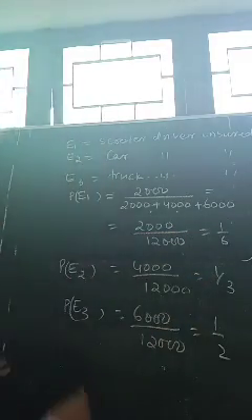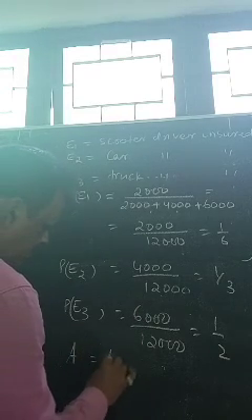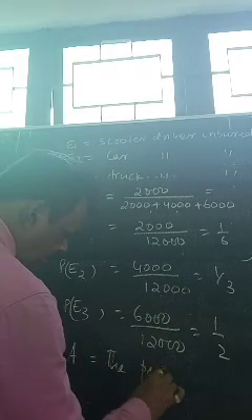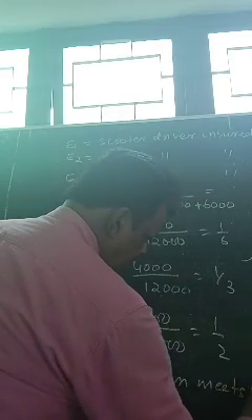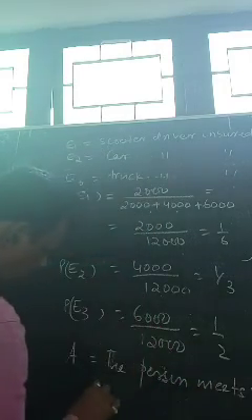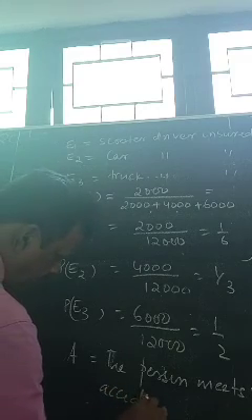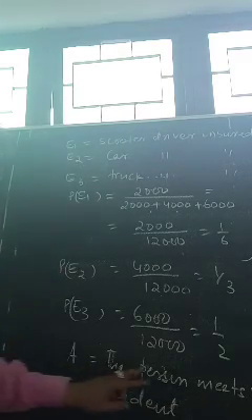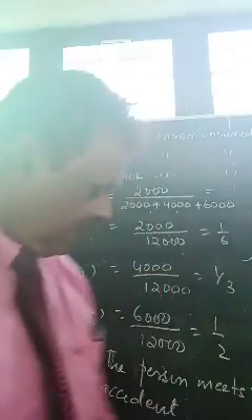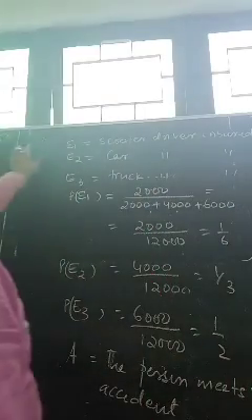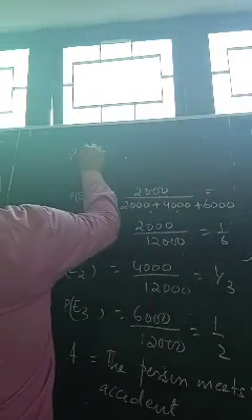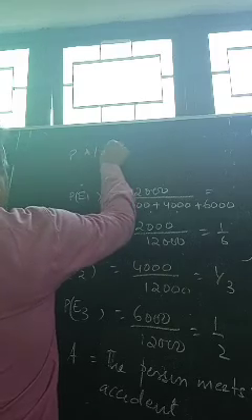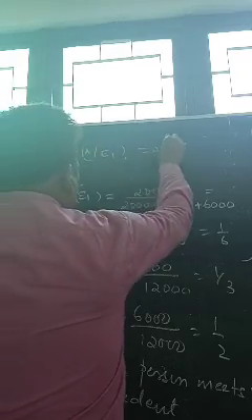Then A, the person meets with accident. So what is given to us? Person meets with accident. He is a scooter driver. 0.01.